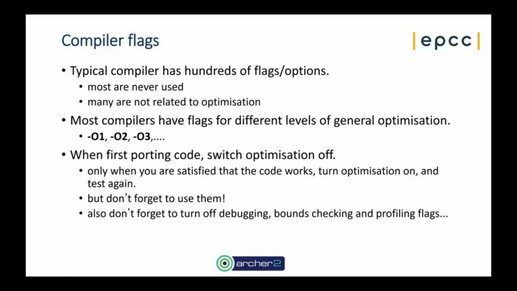One of the reasons that the Cray compiler is the first choice on a system like Archer is that it has a fair amount of optimization turned on by default. So it should give you better performance by default than, say, GCC or gfortran or g++, because they don't have optimization turned on by default.